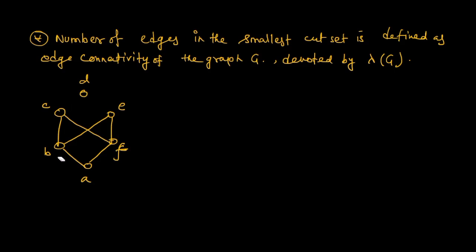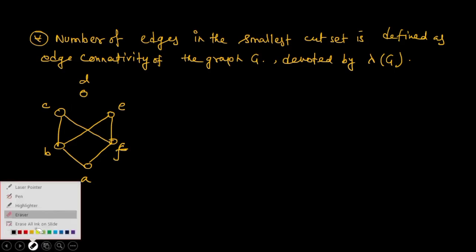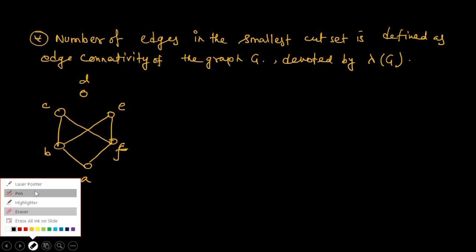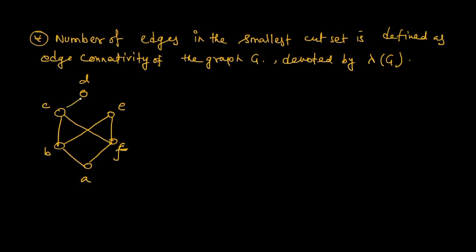So you can consider these two edges, CD and DE. If you remove this part, then you have a disconnected graph, and this is also a minimal choice.